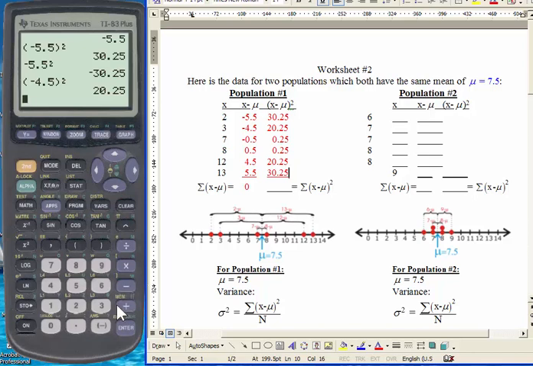So you add up that column. And we do that on our calculator here. Just add them right up.